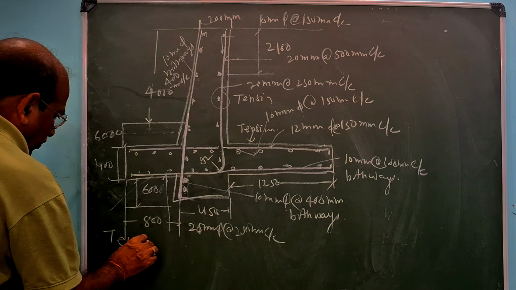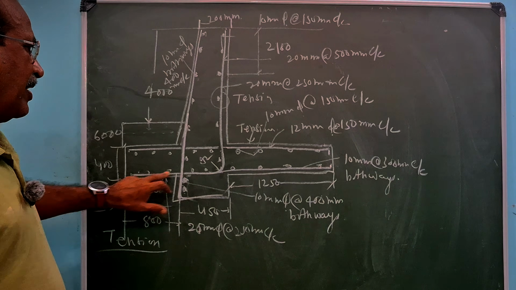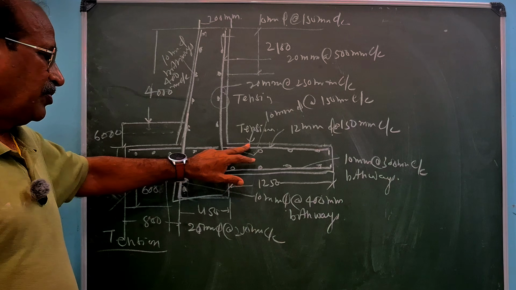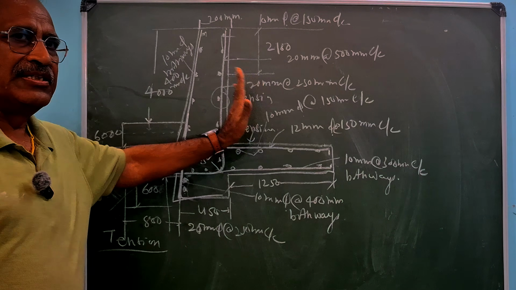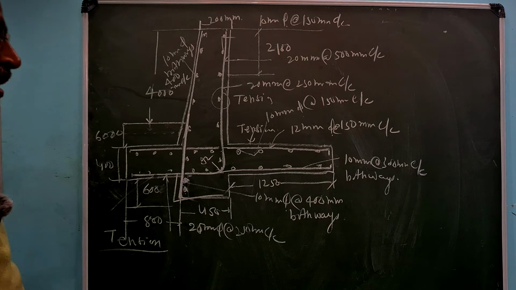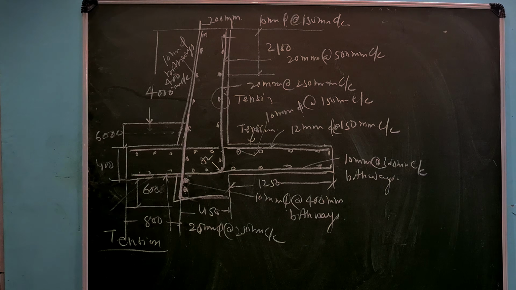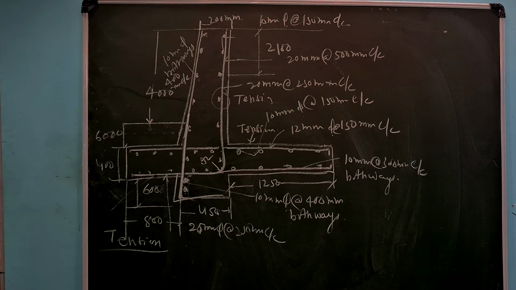So we can provide the main reinforcement at the bottom, at the top, you can say, and at the heel side. This is in stem. So this is the arrangement how you provide the reinforcement. That can be done by you, by some figure out. You can do it more precisely.